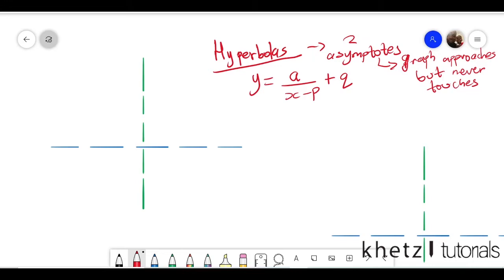So let's start by talking about some of the properties of hyperbolas.